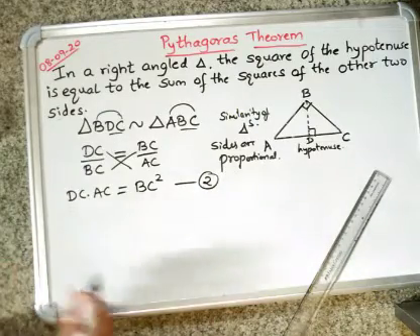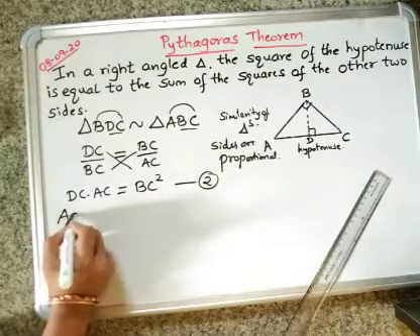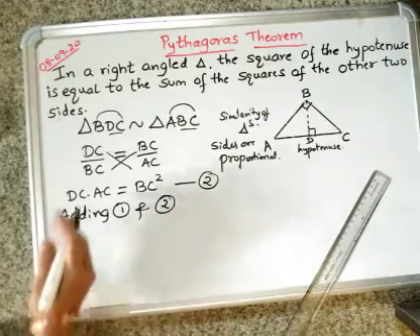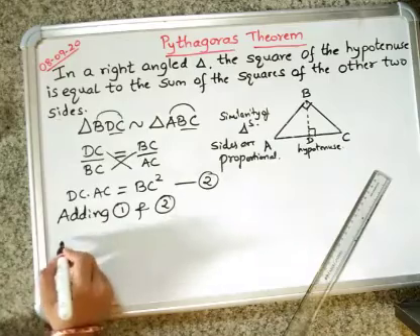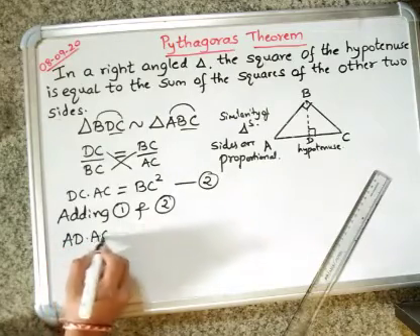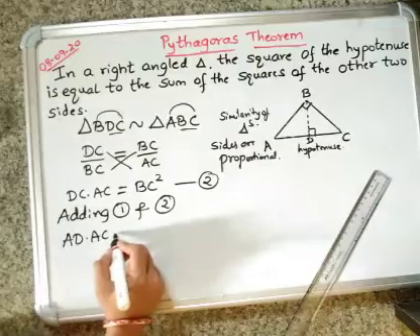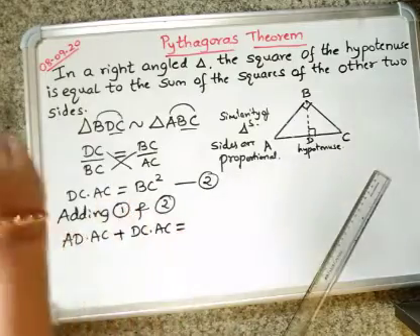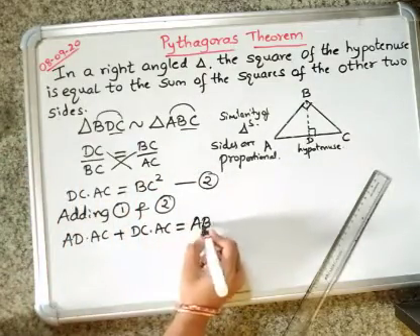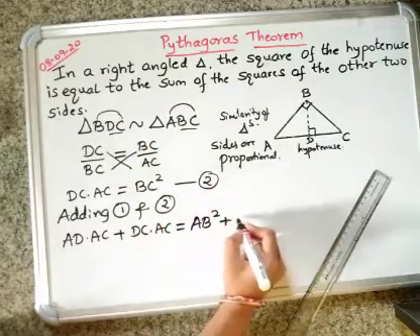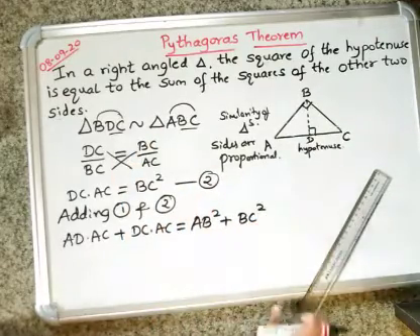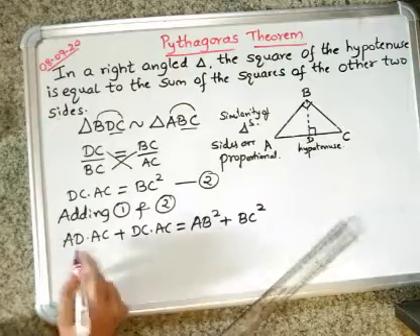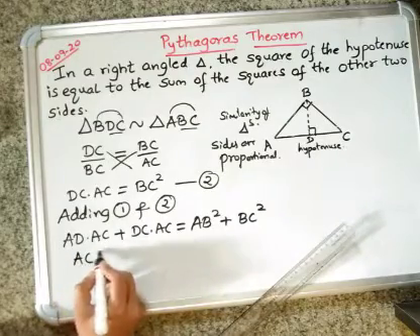Now from equation 1 and 2, I am going to add. Adding equation 1 and equation 2. Whatever is in the left hand side, I will add that first. That is AD into AC from the first equation, plus DC into AC. In the right hand side, we had AB square in equation 1, and in equation 2 it is BC square. Now look at LHS, the left hand side, which is common here? That is AC. I will take it outside the bracket.